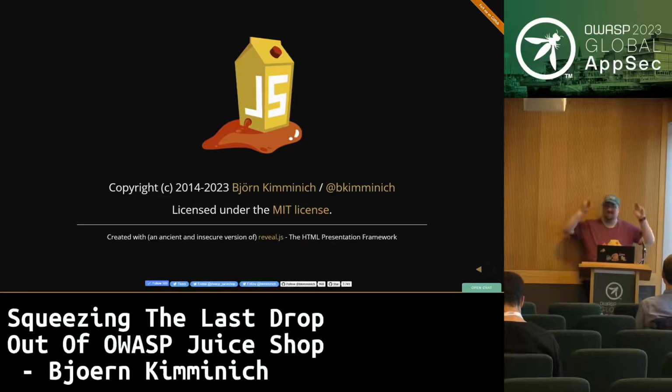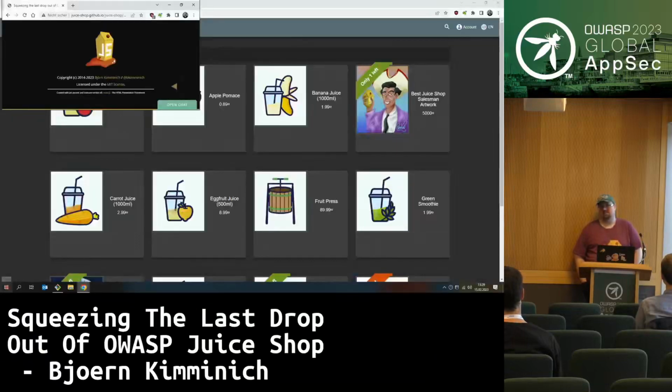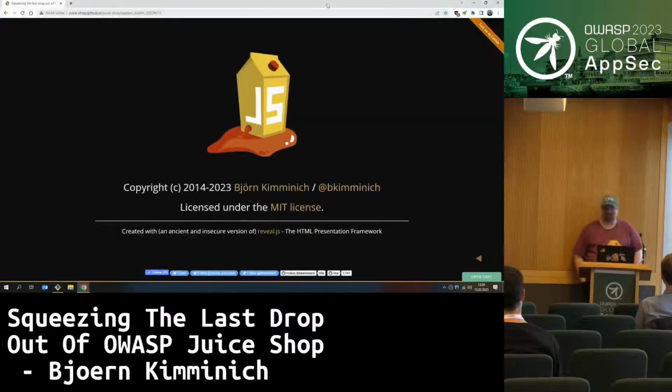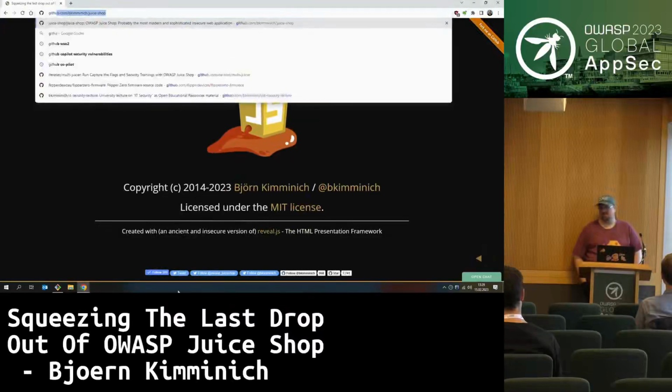So I basically started off with, okay, I want to do something like the BodgeIt Store, but with a modern tech stack. And then it kind of grew with more exercises and the scoreboard being bigger, prettier. The initial version had like 30 something challenges. And then I filed it for OWASP, for becoming an OWASP project.